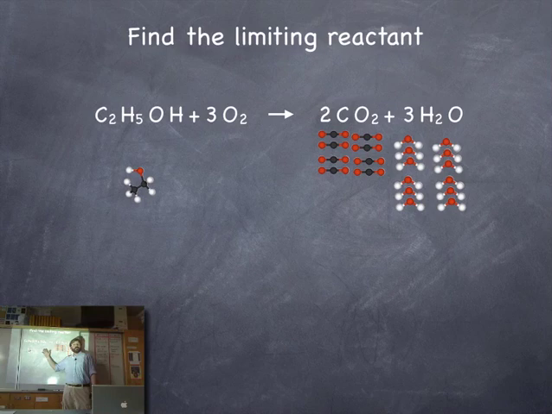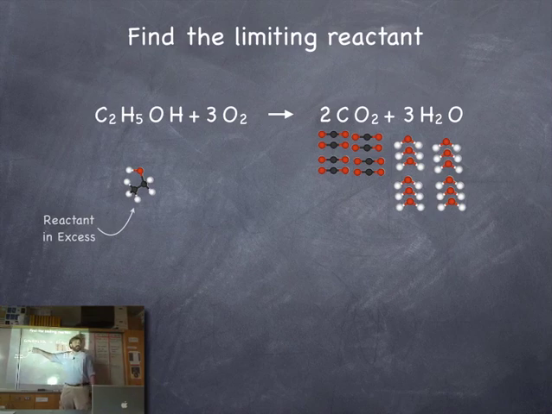So in this case, what is my limiting reactant? Oxygen was the limiting reactant. If I wanted to do any calculations based on how much product was formed, I'd have to base those calculations off of the oxygen, because I have excess ethanol.